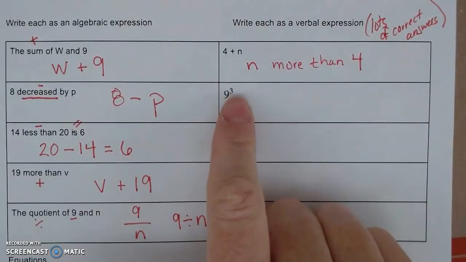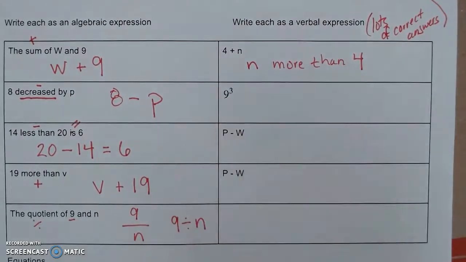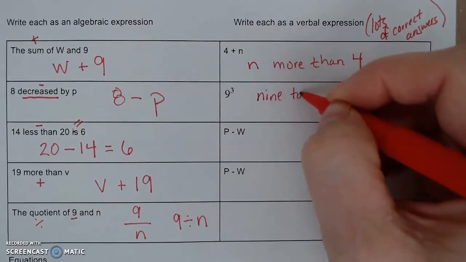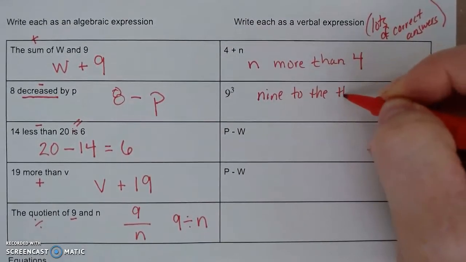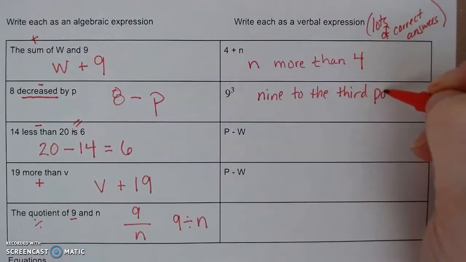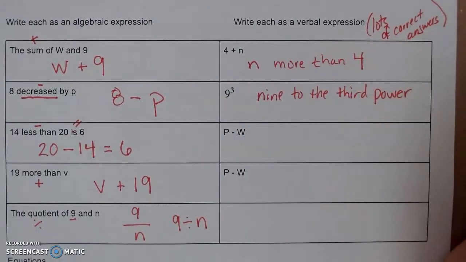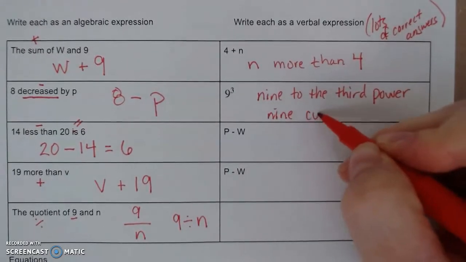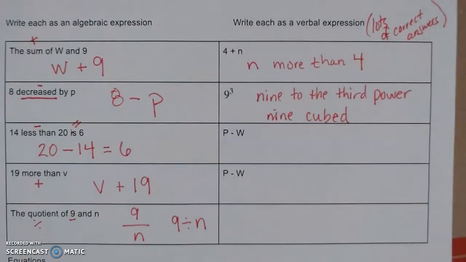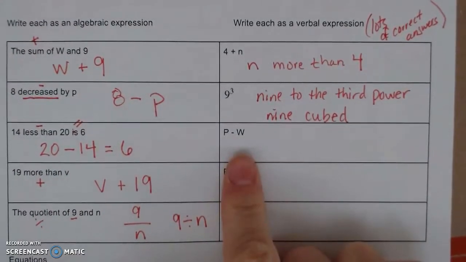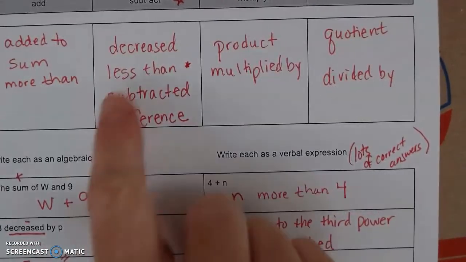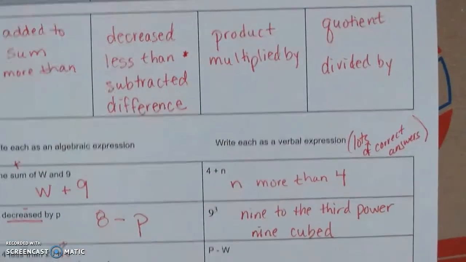On an exponent, usually you can say it two different ways. We could say 9 to the third power, or the third power actually has a special name of cubed. So I could say 9 cubed. P minus W, there's lots of choices we can use, so pick one that you like. I like to use decreased so I don't have to switch the order.